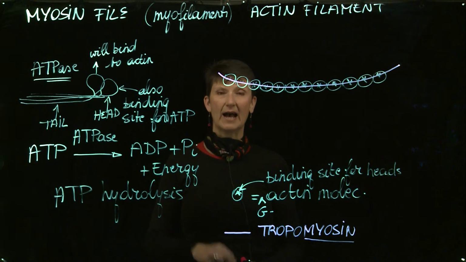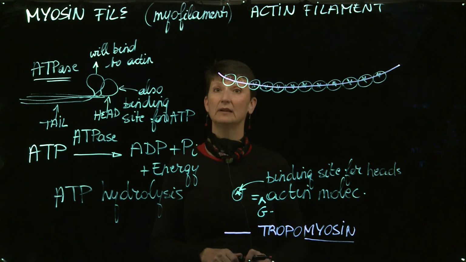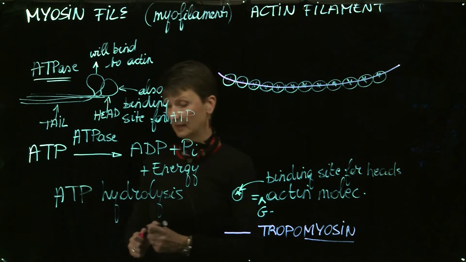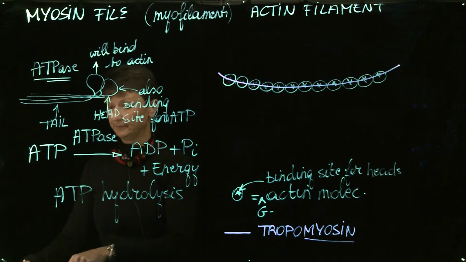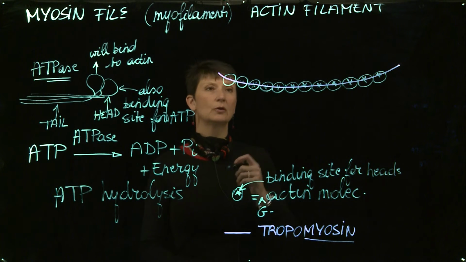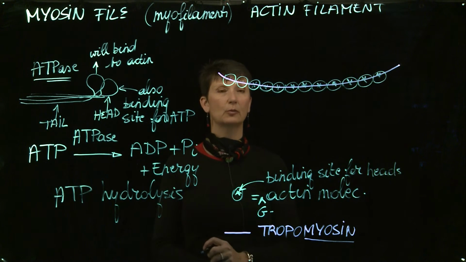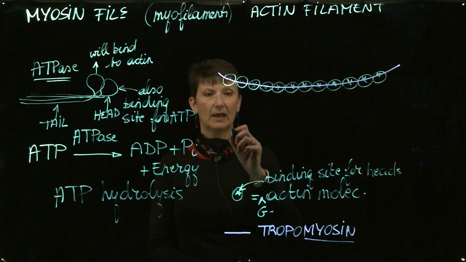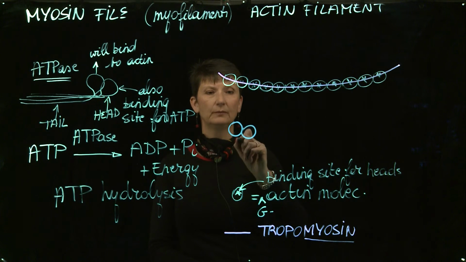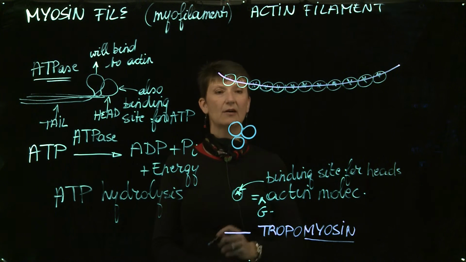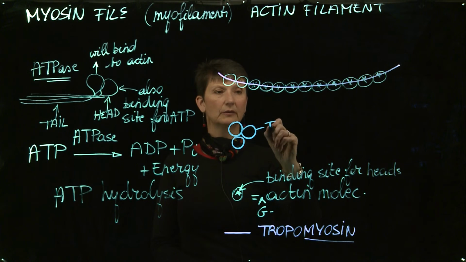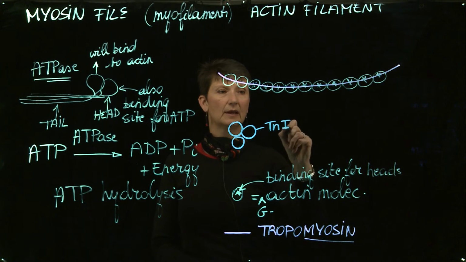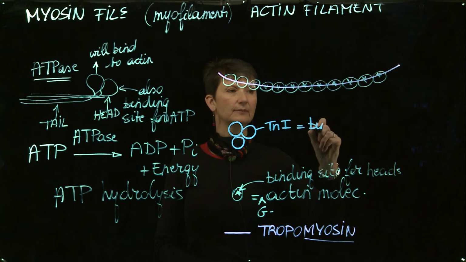And then finally we have a third protein complex. And this is more or less what it looks like. We're going to see that it's made up of 3 components. And how about I first explain the 3 components to you? We're going to have one subunit that we will call TNI, and that binds to actin.